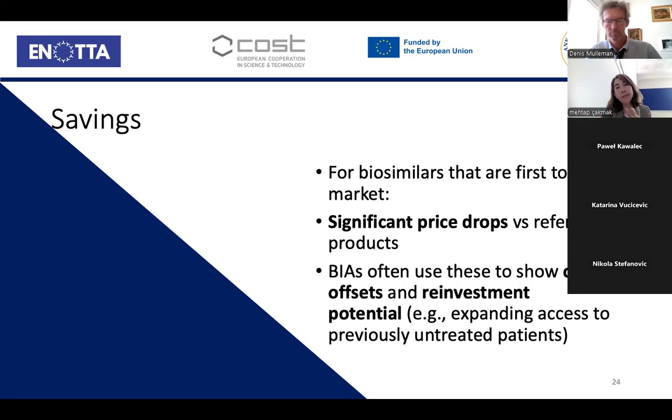For biosimilars that are first market, significant price drops for reference products, these kinds of savings can be used for reinvestment for new therapies and or expanding access to the disadvantaged patients.